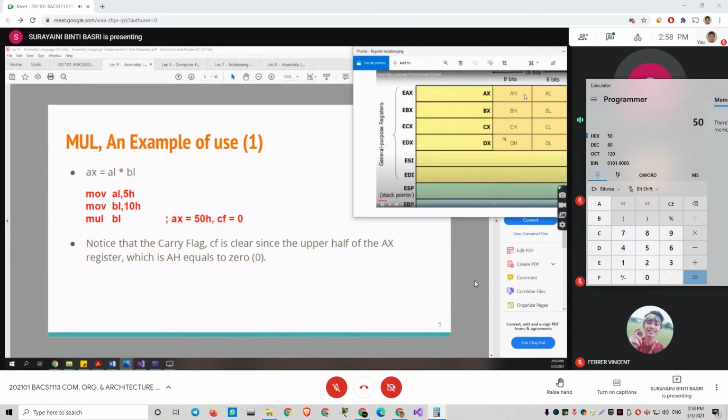So when your AH is clear, that means your carry flag is 0, meaning there is no carry in your AH. Understand this part?